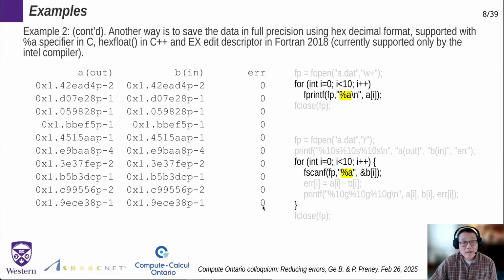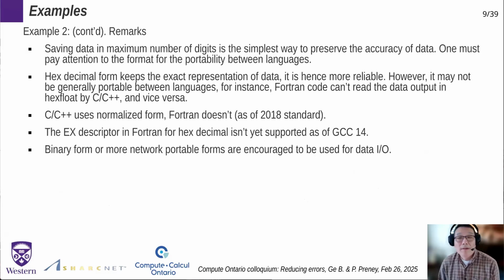We see 0 errors. Now, just keep in mind here that the hexadecimal format is the exact format, the full precision format we're using for storing floating point data. Okay, and some comments here.